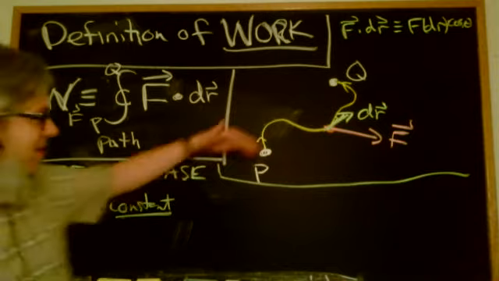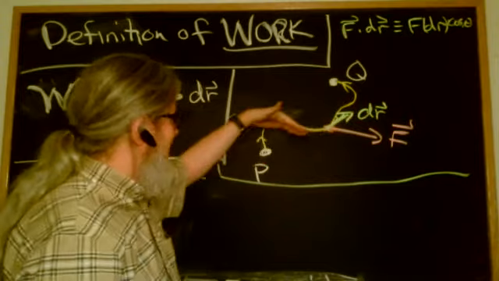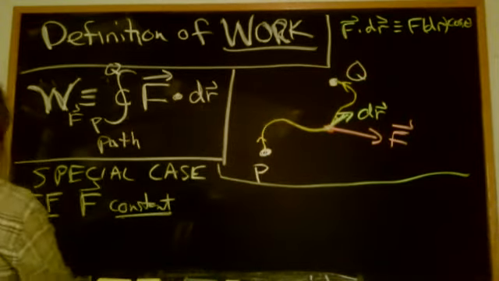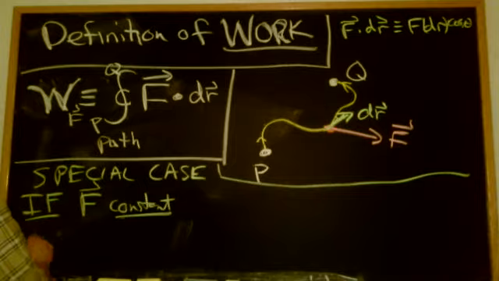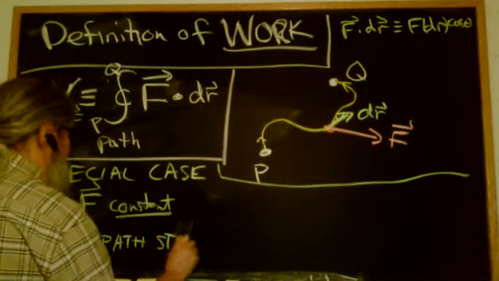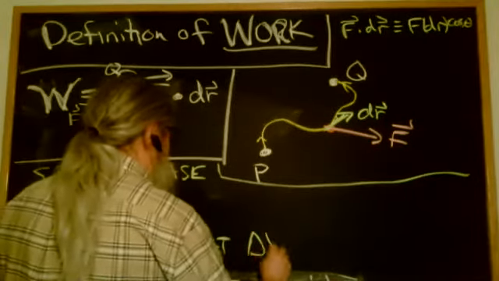So in other words, that vector F is like that, and the same vector is here, is here, is here. Everywhere on the path it's the same vector. And also, if the path is a straight segment, right? So it points in some particular direction.